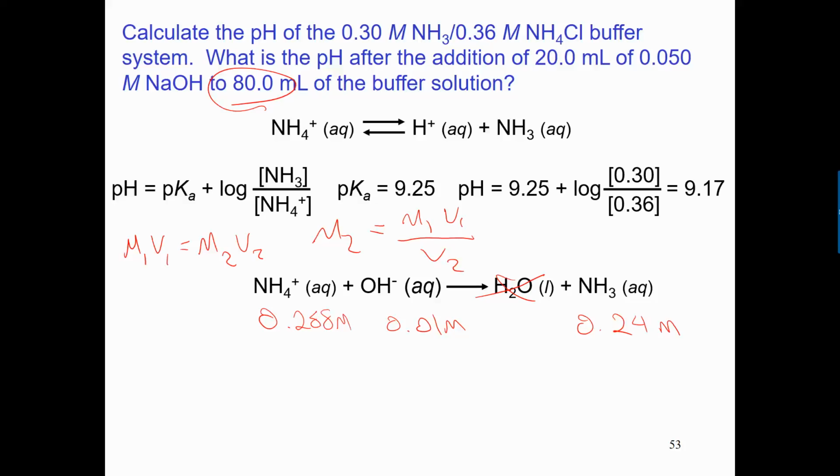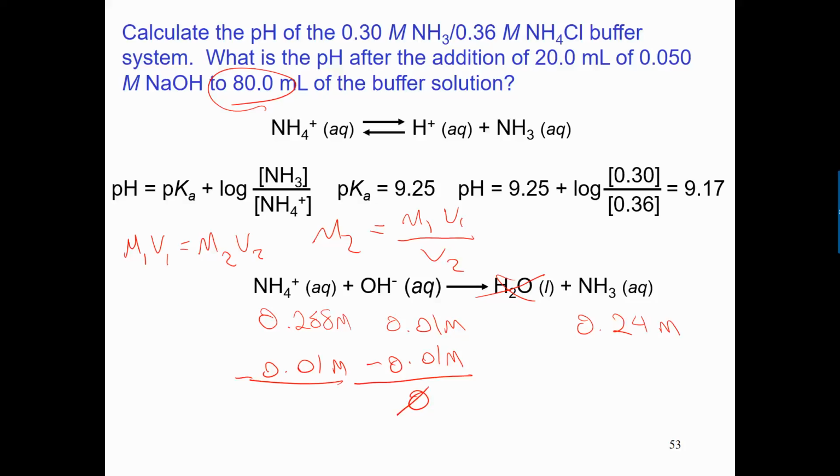Now this hydroxide is going to react with this until one of them reaches 0. Which one reaches 0 first? This hydroxide, right? So minus 0.01 molar, and this one goes to 0.